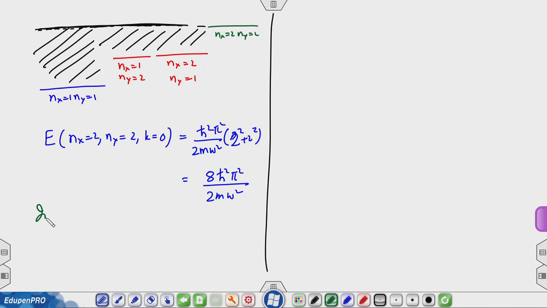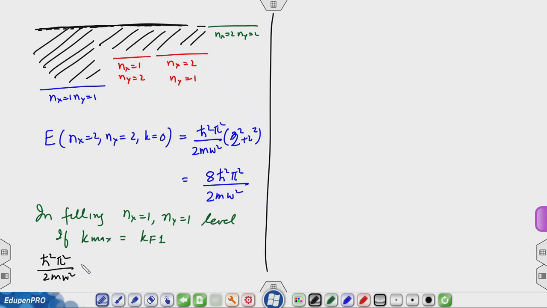So, in filling the n x equals 1, n y equals 1 level, if k max is equal to k f 1, then I am going to have h cross square pi square over 2 m w square times 1 square plus 1 square plus h cross square k f 1 square over 2 m equals 8 h cross square pi square over 2 m w square.